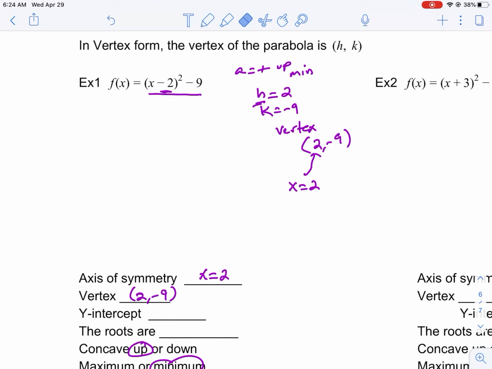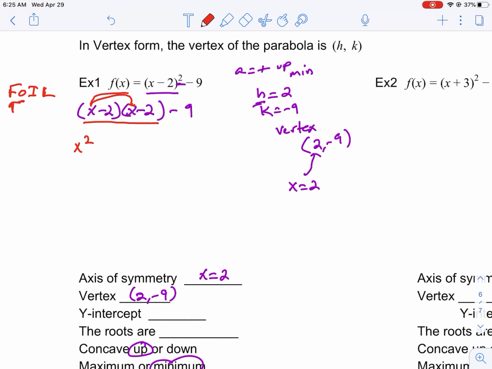So now to do the y-intercept and the roots, we have to do a little algebra work. What we're going to do is take this and multiply it out and then simplify everything. So this becomes x minus 2 times x minus 2, because that's what x minus 2 squared means, plus the 9. This part here is your FOIL. Or you can stack it, right? F meaning first terms, x times x is x squared.